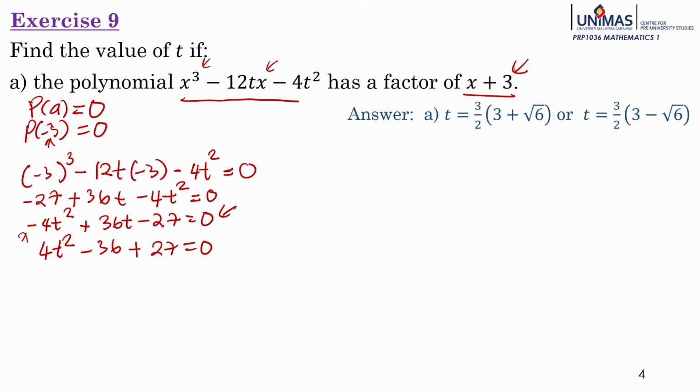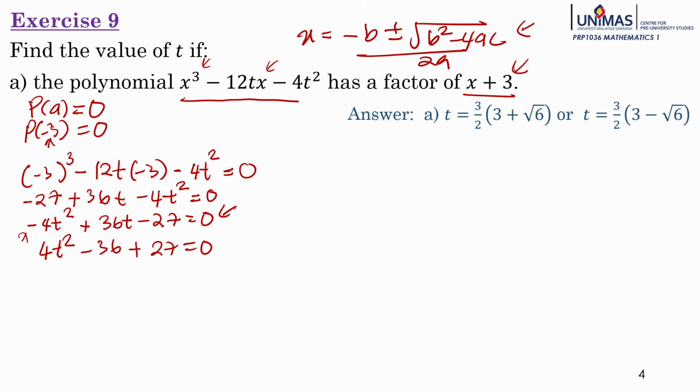Now to solve the quadratic equation, we substitute into the formula. Remember, you learned about the quadratic formula: x equals negative b plus minus square root of b squared minus 4ac, over 2a. So we substitute into this formula.